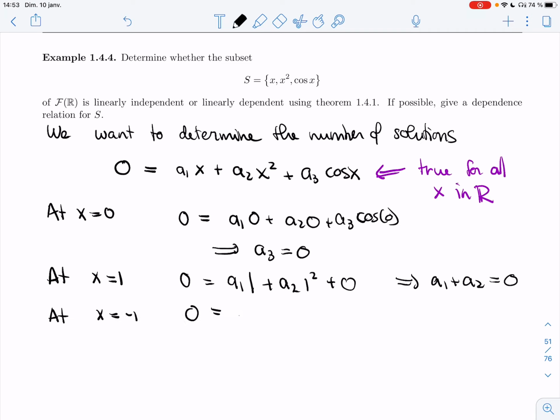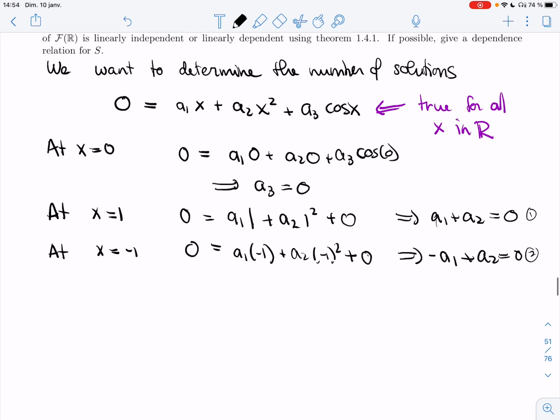For minus 1, I will get a1 times minus 1, and I'll get a2 times minus 1 squared. a3 is still 0, so the cosine disappears, which is nice because cosine would be a bit harder to deal with. So I get minus a1 plus a2 must be 0. And so I have these two equations, and if I add them, I'll get that 2a2 is 0, and so a2 is 0.